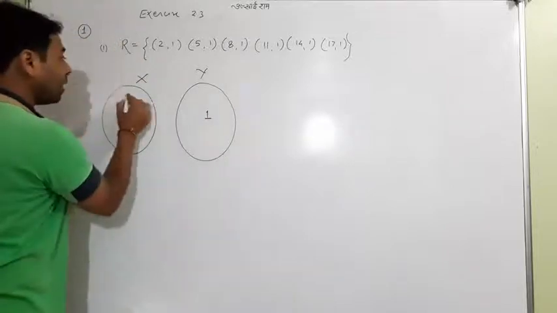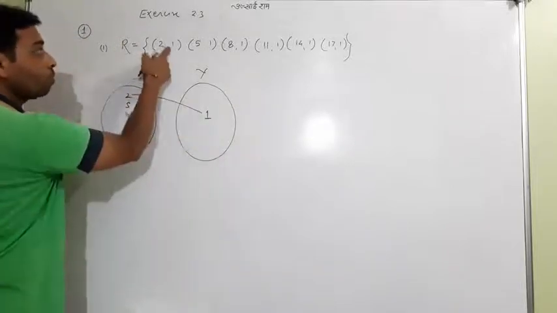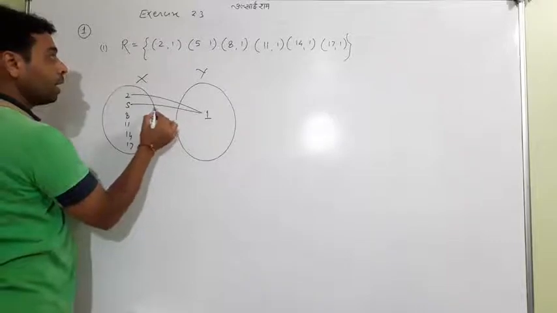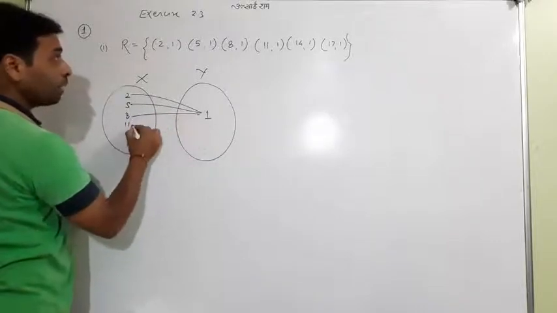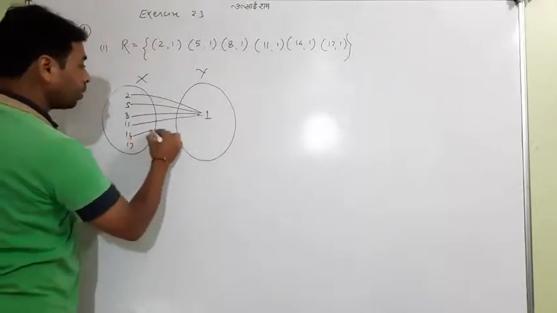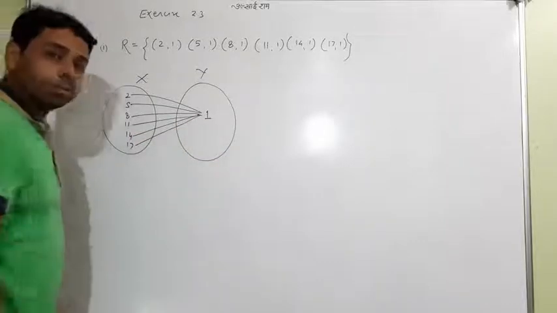So the image of 2 is 1, the image of 5 is 1, the image of 8 is 1, the image of 11 is 1, the image of 14 is 1, and so on.